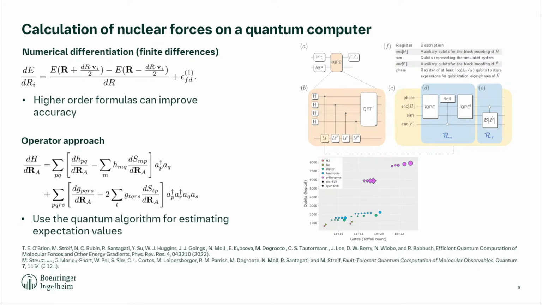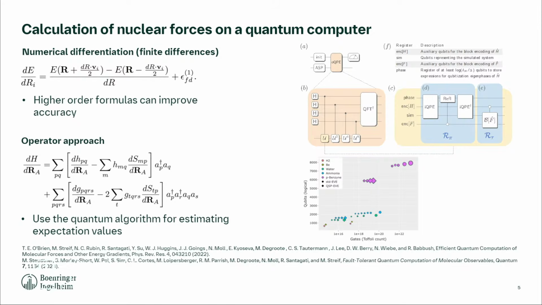And there's another approach, and that's this one, where you take the derivative of the Hamiltonian, and instead of calculating differences of energies, which can be quite noisy, you now calculate an expectation value of this operator.